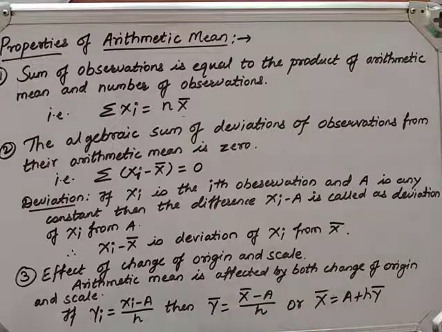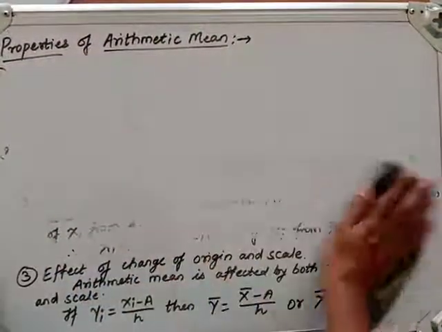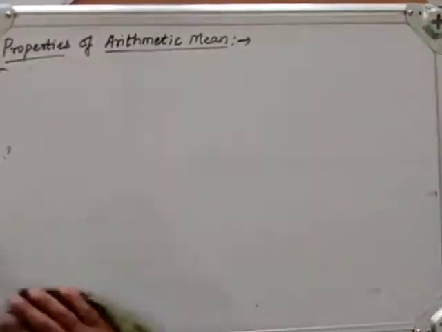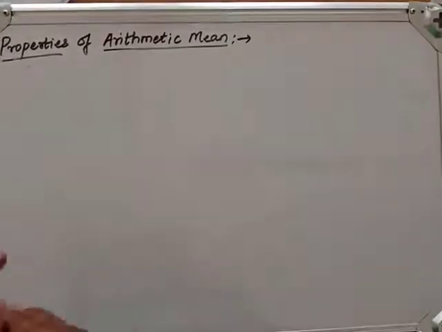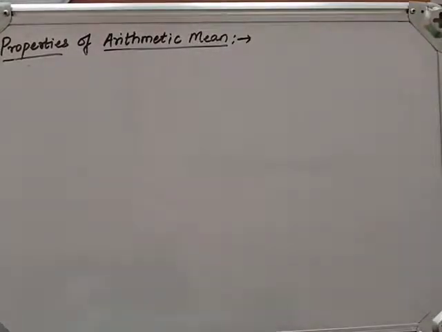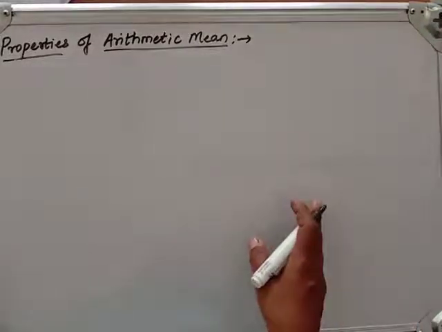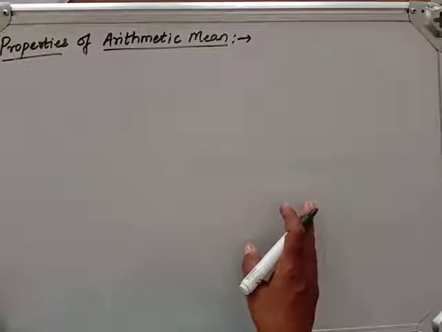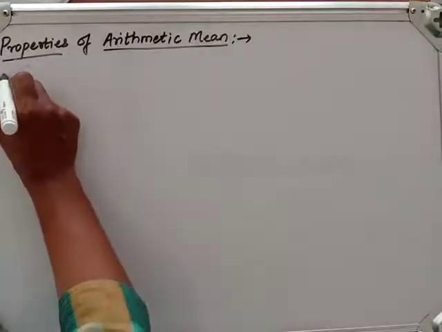Now the fourth property is about the combined mean. Suppose a group is given to us, the group consists of two different parts, and the means of those two different types of observations have been calculated separately. Then how to calculate the combined mean? That is our fourth property.